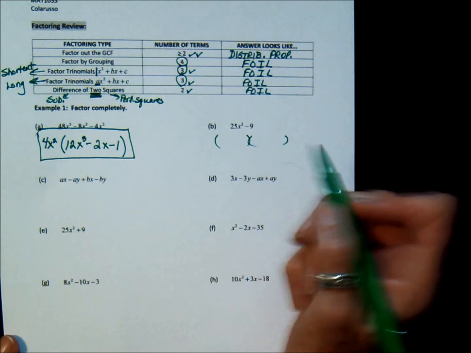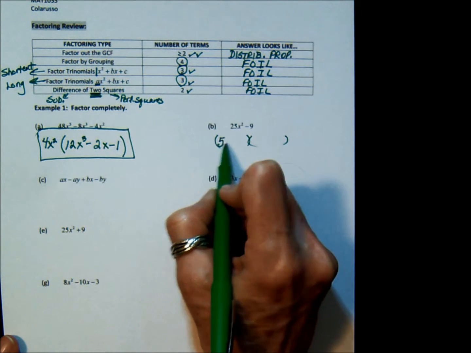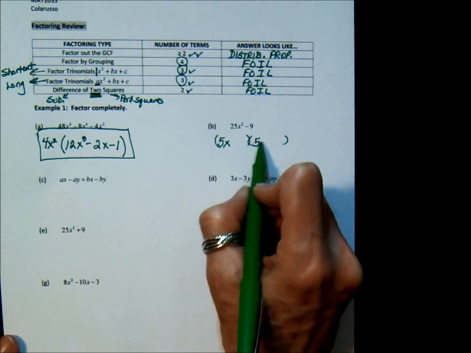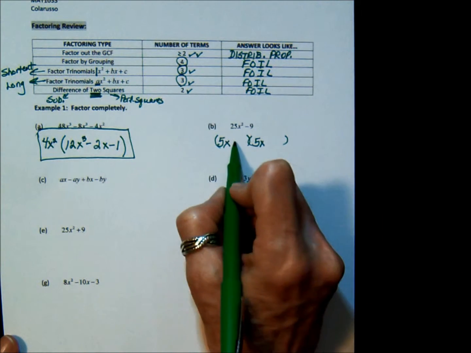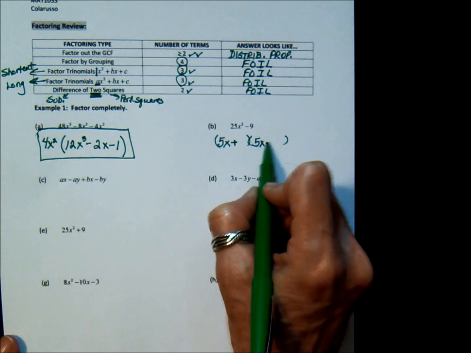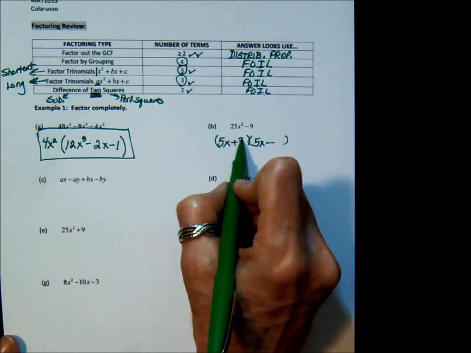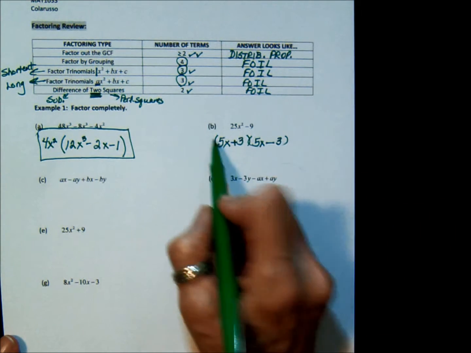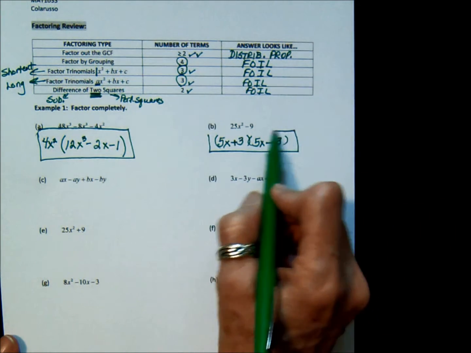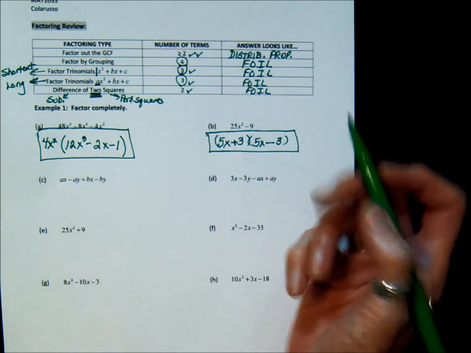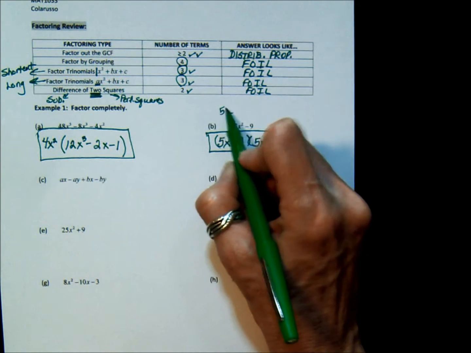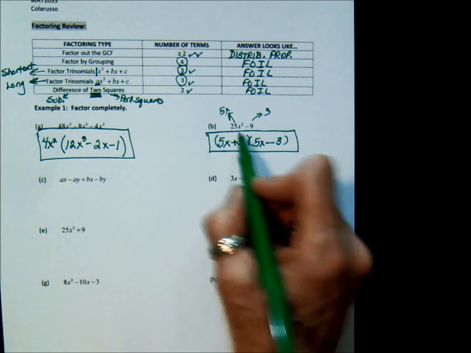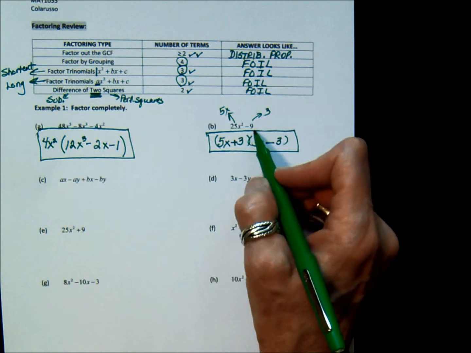So with difference of two squares, it's always going to be what got squared on the first term, times what got squared on the second term. One's a plus, one's a minus. And you have your FOIL. There's actually no process really to that. You just have to think about what got squared to make 25x squared and what got squared to make 9.